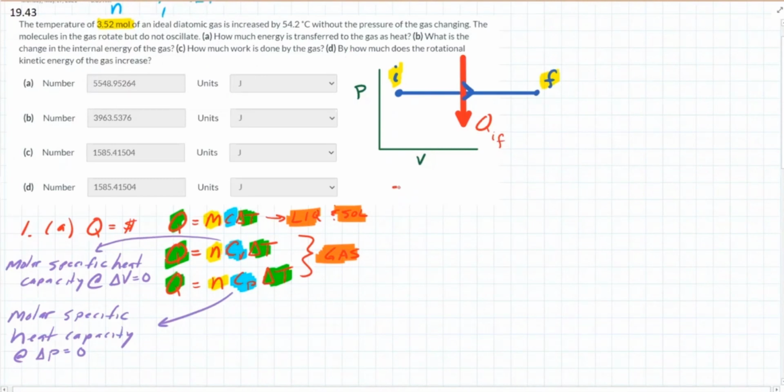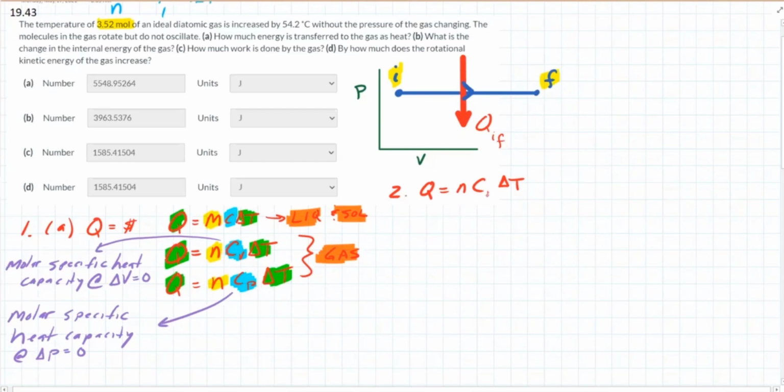So step number 2, this could be a job. Now, here's the question: I need to write Q equals NC delta T, but do I use C subscript V, like volume, or do I use C subscript P for pressure?